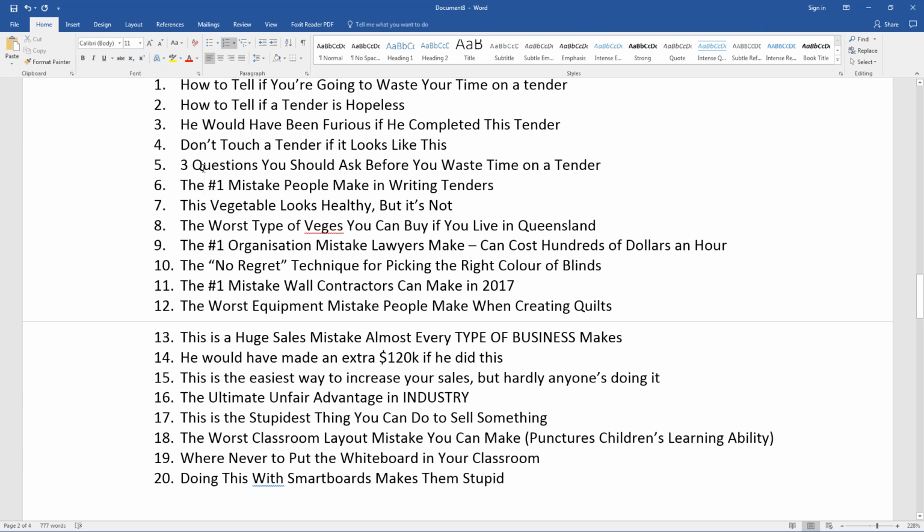So with your subject lines, and this applies to headlines as well, if you're writing ads or websites or whatever, really think about something like, doing this with smartboards makes them stupid. If you're a school principal, you want to read the next line. You want to find out what it is about smartboards, and it might be, hey, if you place them in the wrong position, or you do something specific with those smartboards, it makes them ineffective.